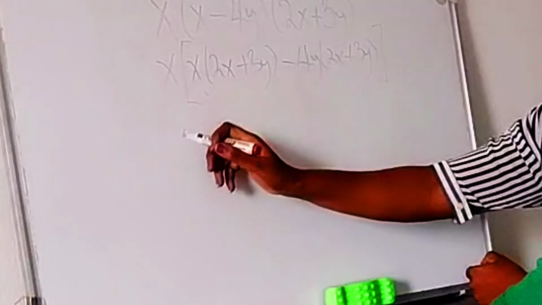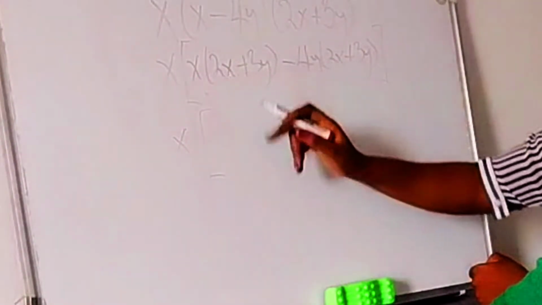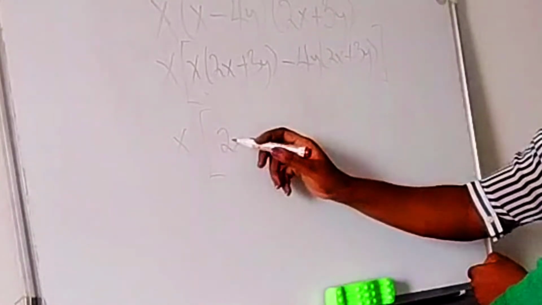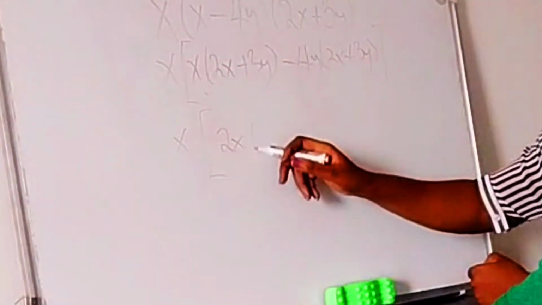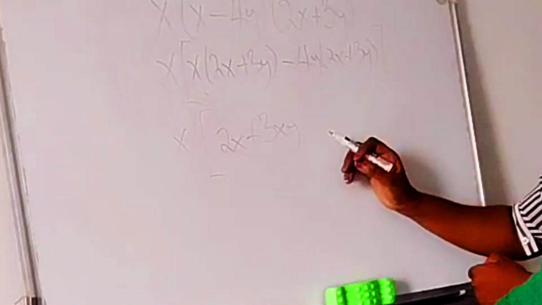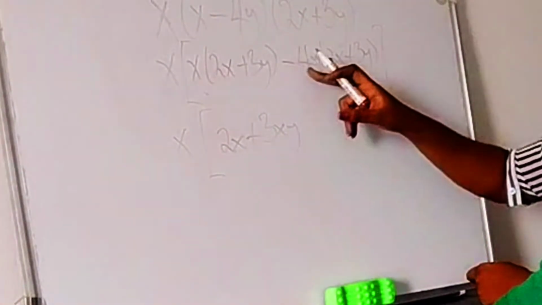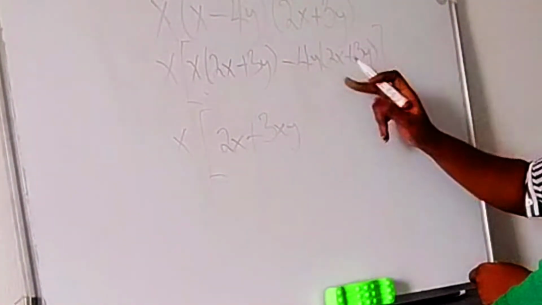Okay? So we have x. x times 2x is 2x squared. x times 3y is 3xy. Right? x times 3y is 3xy.